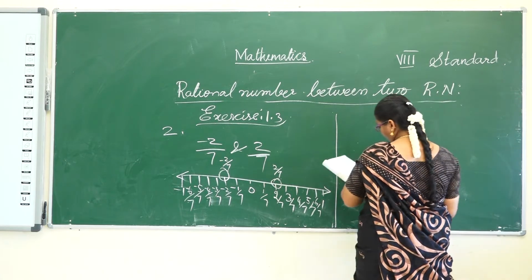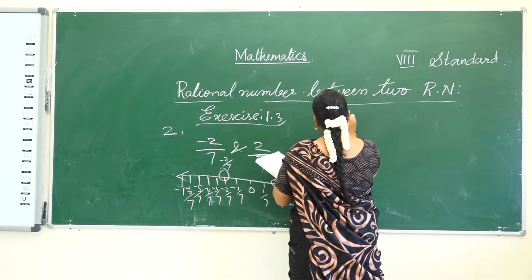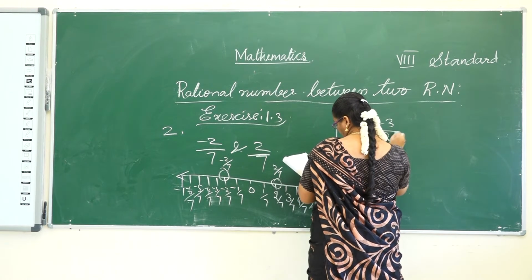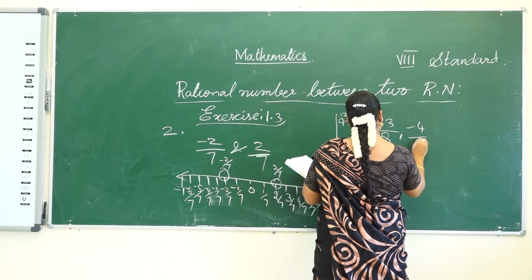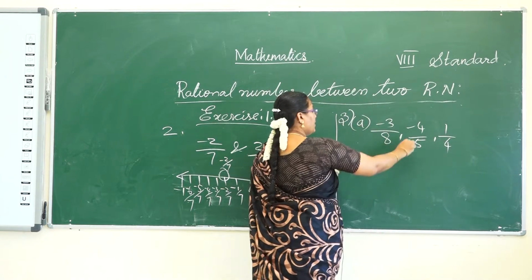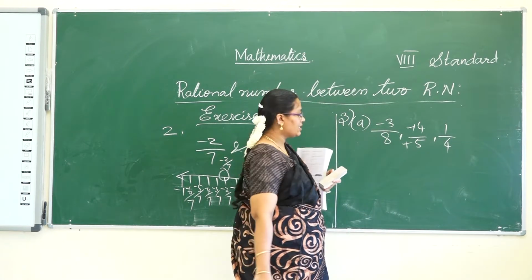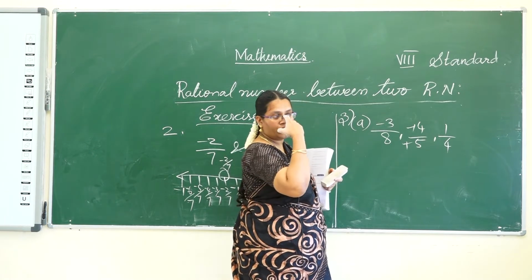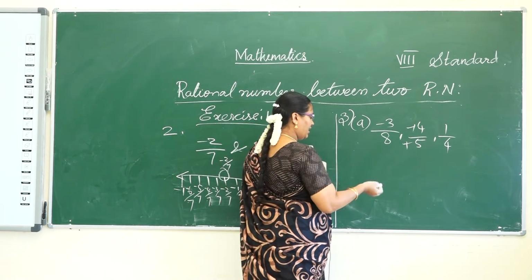Arrange the following rational numbers in ascending order. The first one: minus 3 by 8, minus 4 by 5, minus 5 and 1 by 4. Minus, minus, plus. The denominators are different and the numerators are different, so what we do in this place is take the LCM.